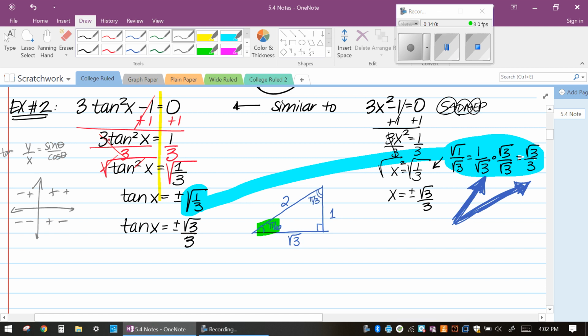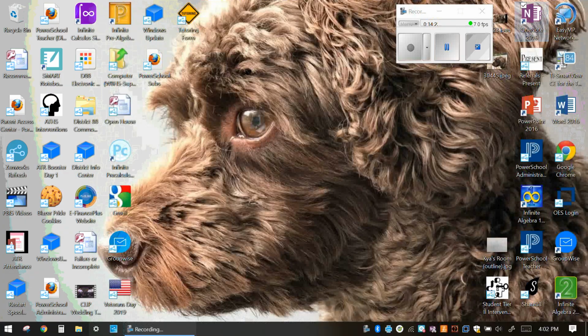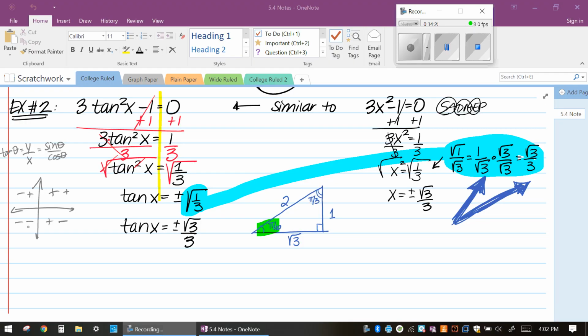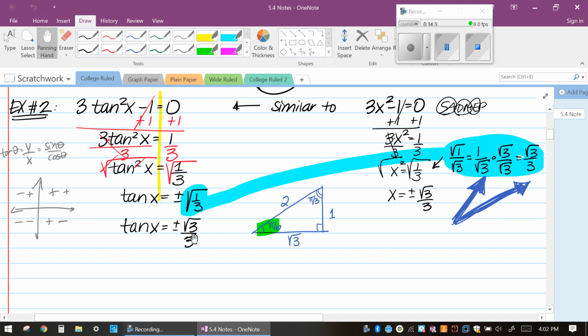So pretty much you're looking at all the quadrants, because in quadrant 1, positive divided by positive is positive. Here, negative divided by positive is negative, and so on. They say that I want the positive or the negative of root 3 over 3. So I want all the possibilities, positives or negatives. So I want all the quadrants.